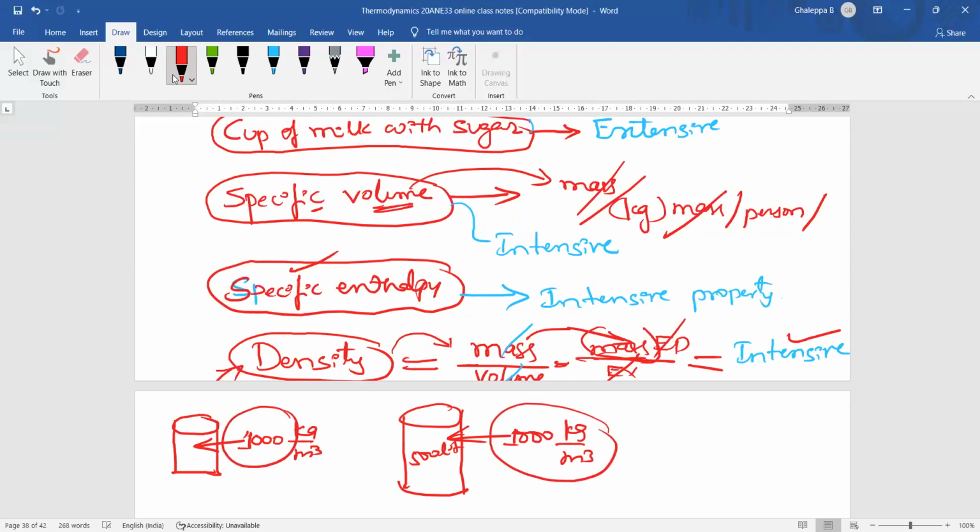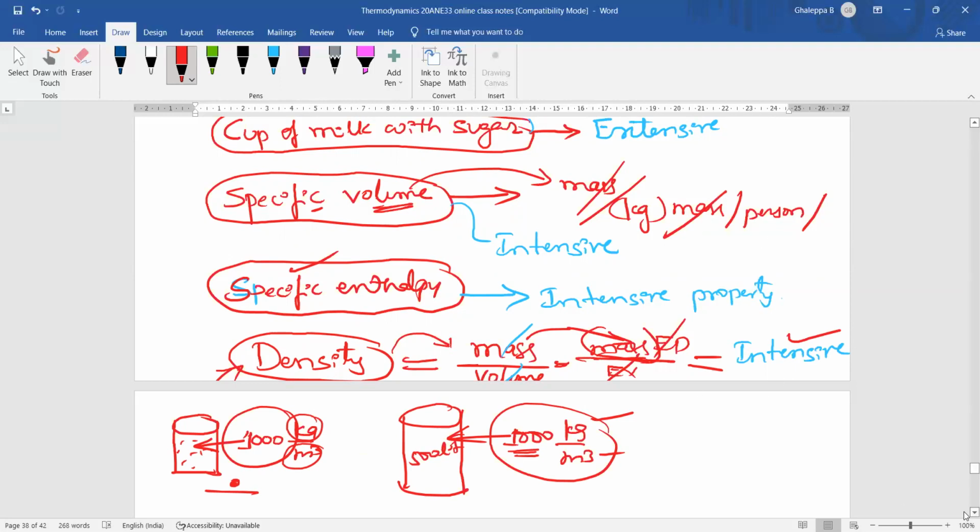You take one glass, one cup or one spoon of water, and the density remains the same, because the numerator and denominator both change accordingly and finally we get the same answer. So density is an intensive property.